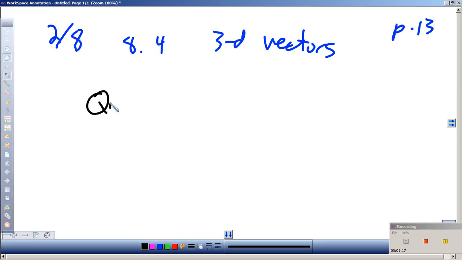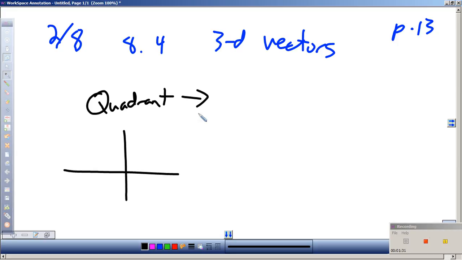Now, some of the things that change with dealing with 3D versus 2D. You hear the term quadrant. What does quadrant refer to? Okay, why is it called a quadrant? Yeah, it's got 4, it's got quad. When we deal with 3D graphing, instead of quadrants, we're dealing with octants.